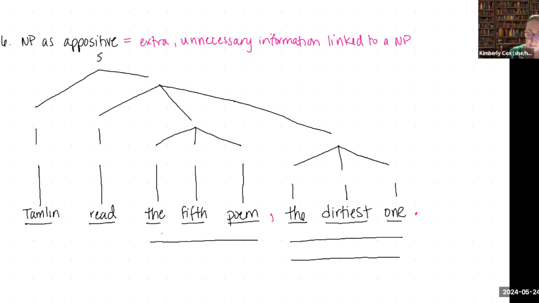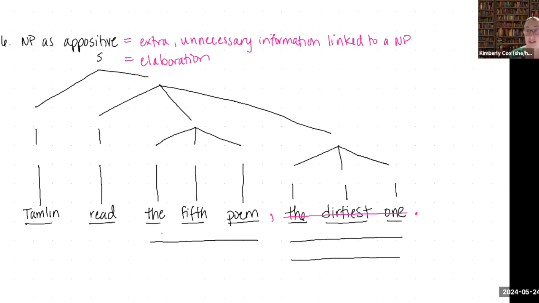And by that, I mean, if I crossed out the dirtiest one, the sentence would still make sense. Tamlin read the 5th poem. So what it does is it elaborates. And I will write that here, right? It provides additional details, and they're useful details, but they're not necessary details.